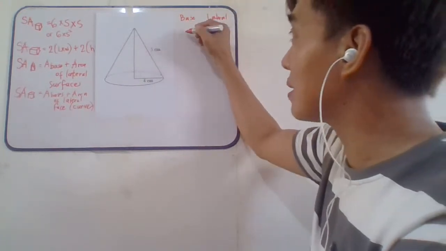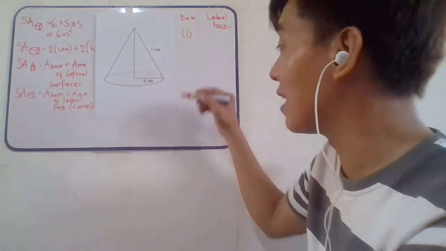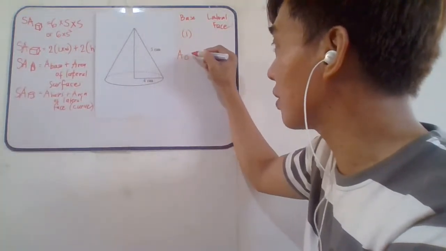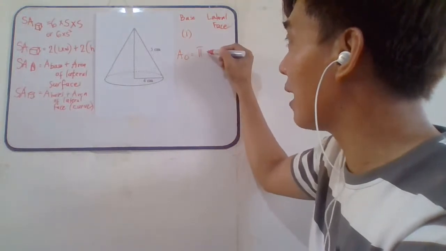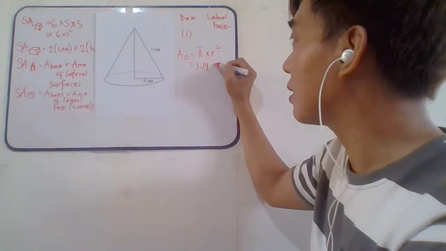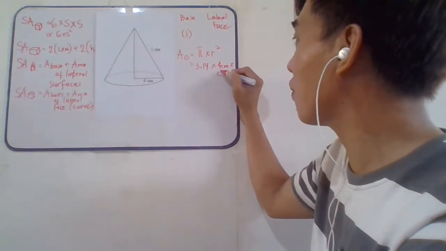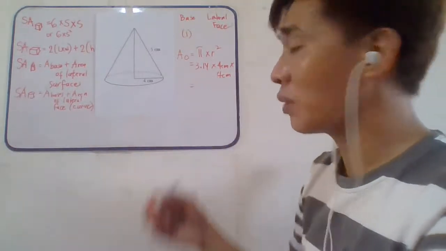Of course, the base is one circle. So the area of the base, that's just very basic. That's the area of the circle, which is equal to pi times radius squared: 3.14 times the radius, which is 4 cm, times another 4 cm.